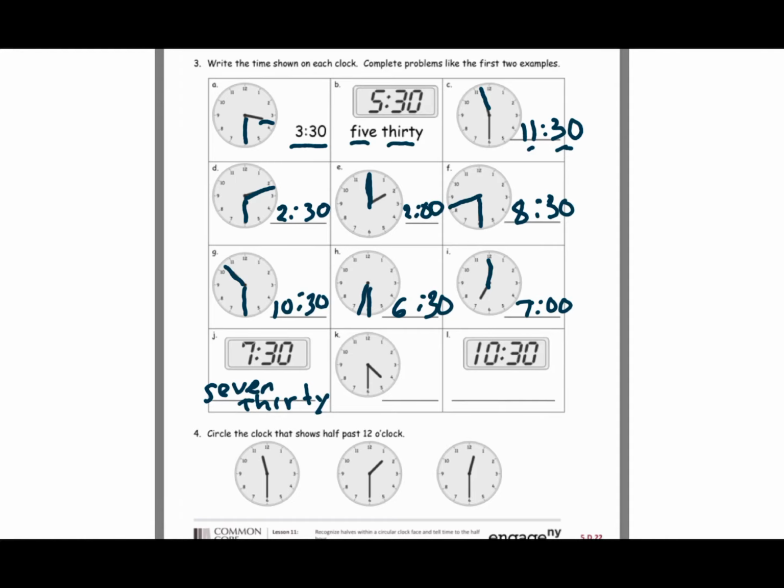The next clock, letter K, my hour hand is past the 4. And it's not at the 5 yet, so it's still 4. And my minute hand is at the 30. 4:30. And for the next clock, it's a digital clock, so I'll write the words 10:30.